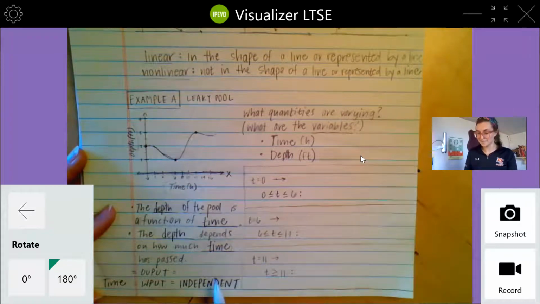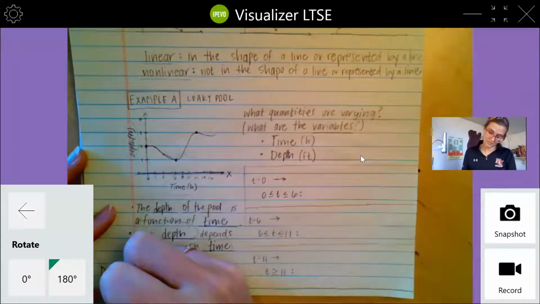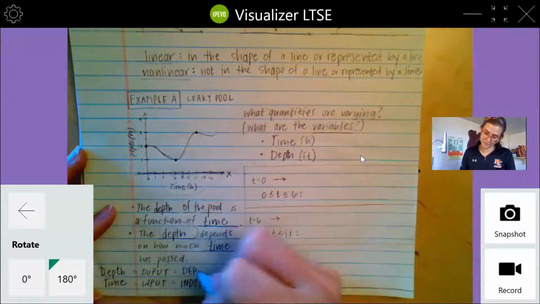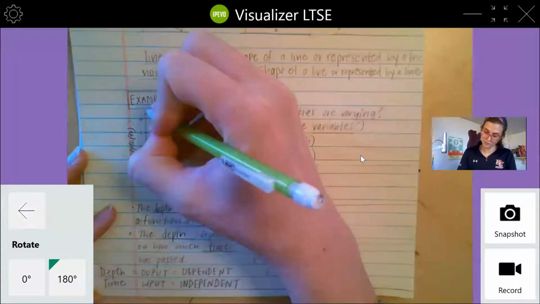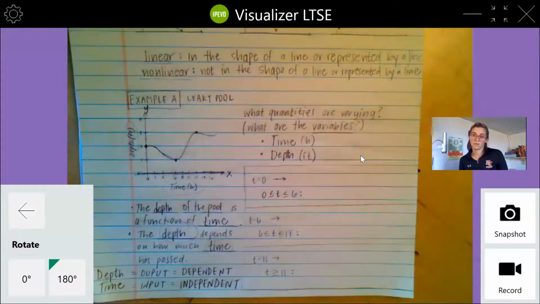Then depth will be our output and our dependent variable. In other words, it's along the vertical axis or the y-axis. Okay? That's a lot of information. It's okay if you're kind of still struggling with it.